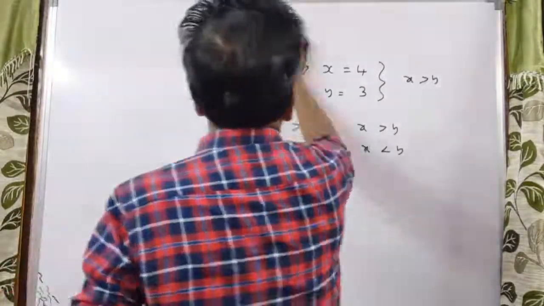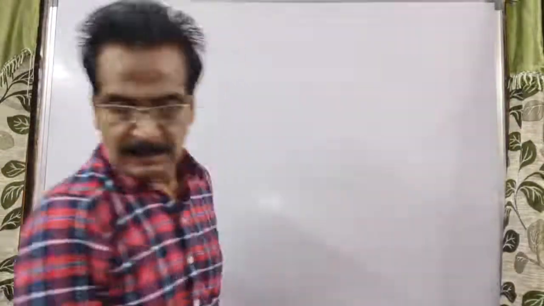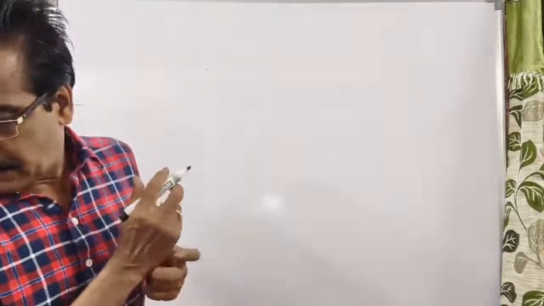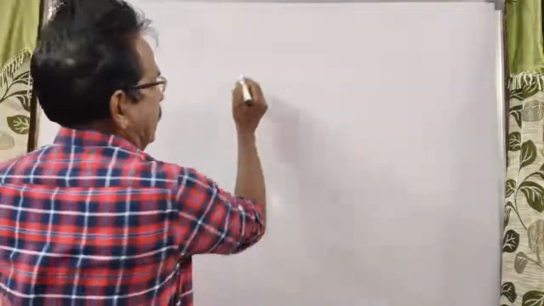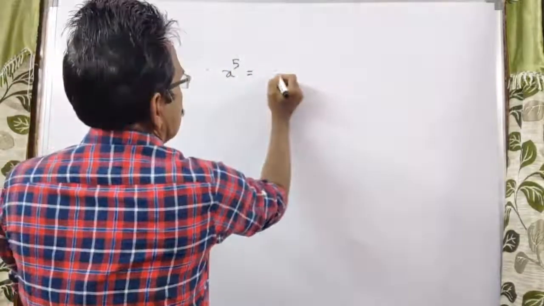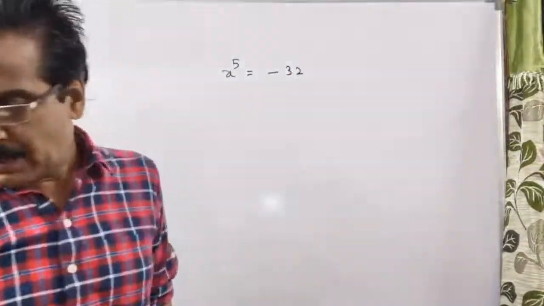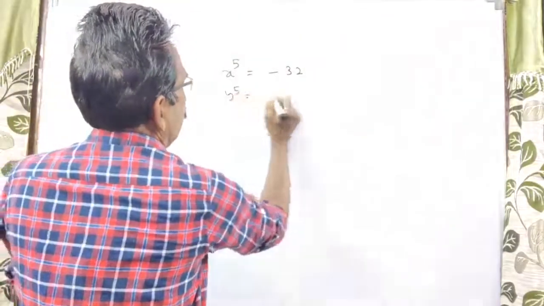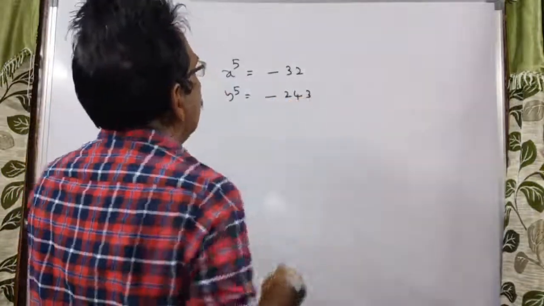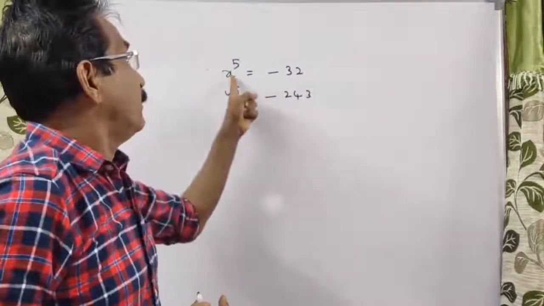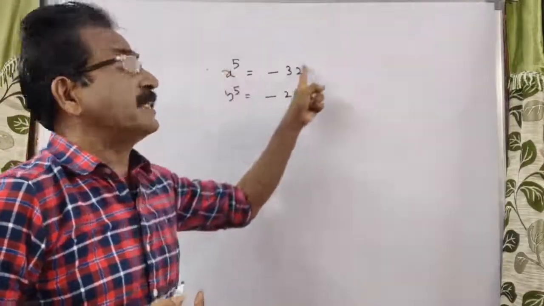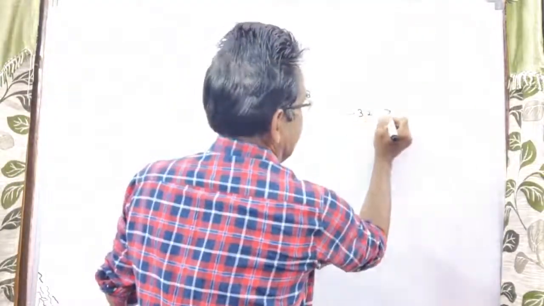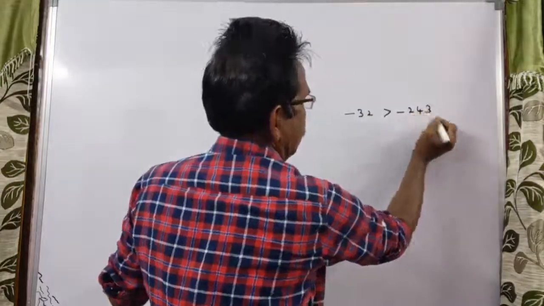Consider one more example. x power 5 is equal to minus 32, and y power 5 is equal to minus 243. x power 5 compared with y power 5: see, minus 32 is greater than minus 243.